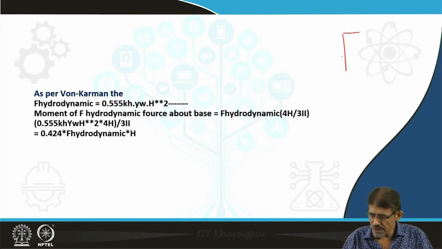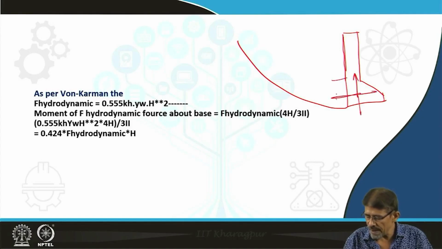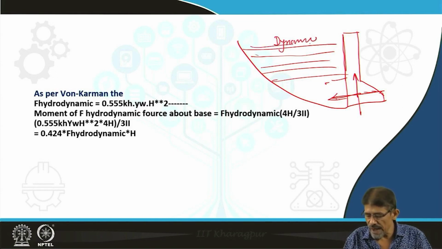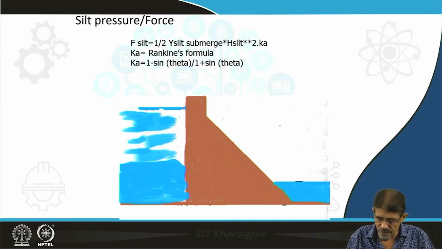What happens here when the dam structure is experiencing an earthquake, meaning movement up and down and left and right? Due to this back and forth movement, the water experiences compression and expansion and comes under a dynamic state, causing a dynamic force.